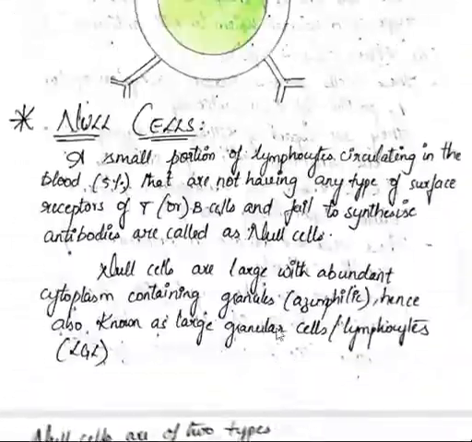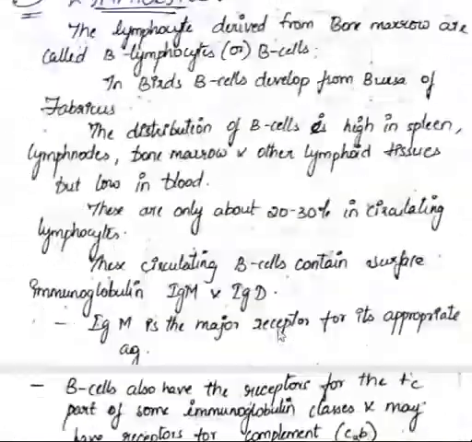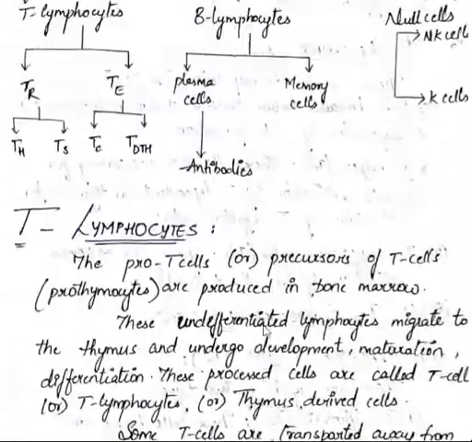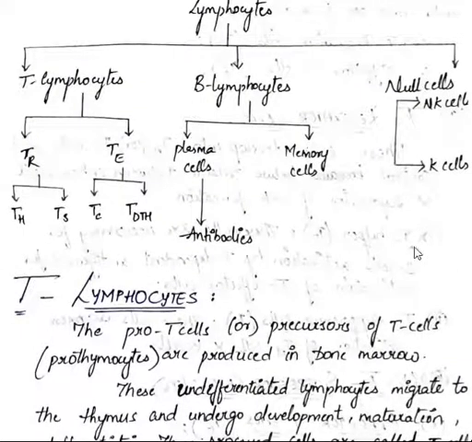So that's how we have discussed all three types of lymphocytes: the T lymphocytes, then the B lymphocytes, then the null cells. T lymphocytes are of two types, regulatory and effector, which are further classified into helper cells, suppressor, cytotoxic and delayed type hypersensitivity. And the B lymphocytes are classified into two types, plasma cells and memory cells. From the plasma cells, you are going to have the production of antibodies.